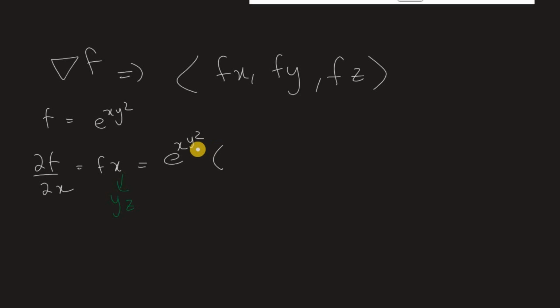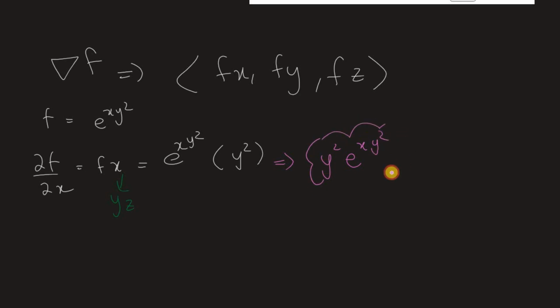What's the derivative of xy squared? Considering we're only differentiating x, the derivative of x is 1, so y squared is going to stay over there since it's a constant. Okay, so we can neatly write it as y squared e to the xy squared.